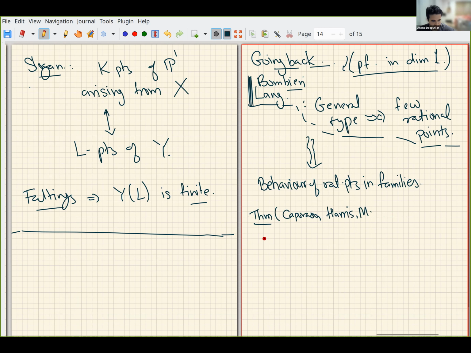So assume Bombieri-Lang holds in all dimensions. Then there exists a constant. Fix a number field K and a genus G.